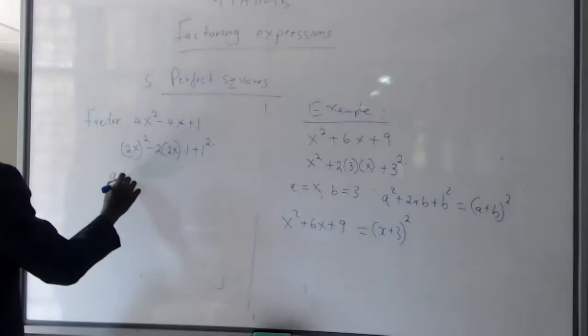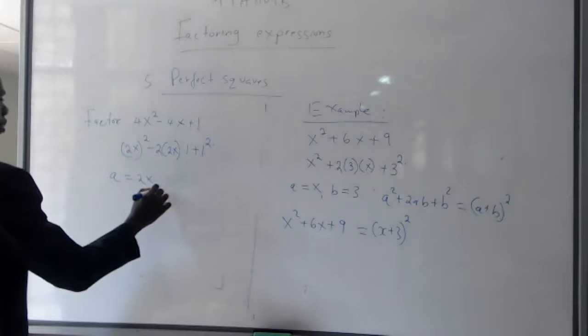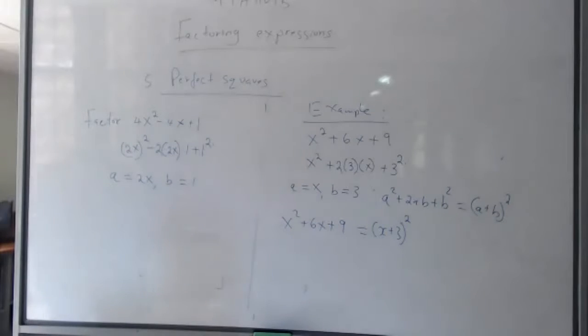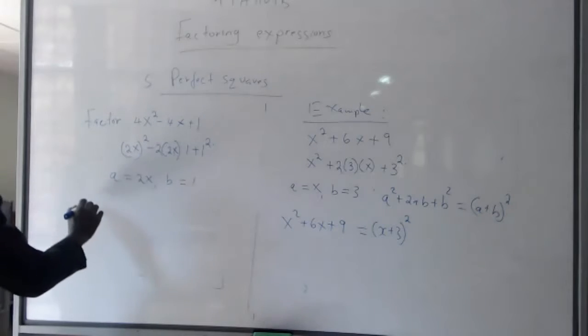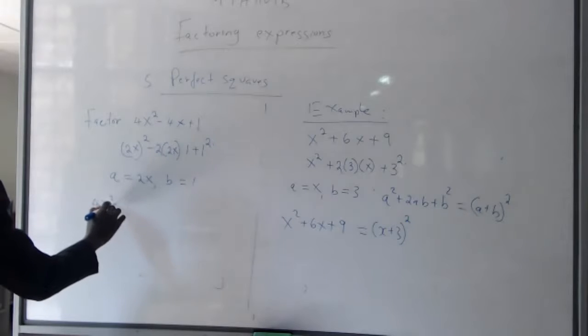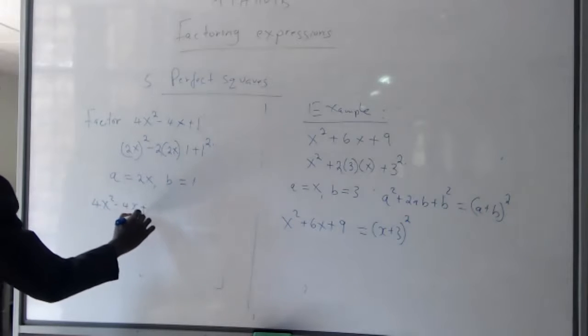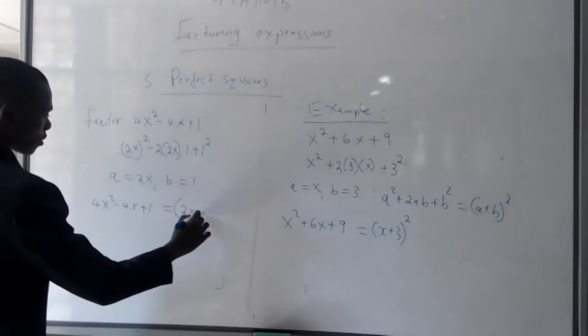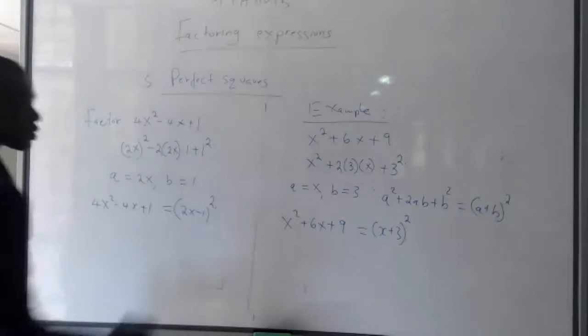So your a is just 2x, and b is just 1. Because the middle term is negative, 4x squared minus 4x plus 1 will be (2x minus 1) squared.